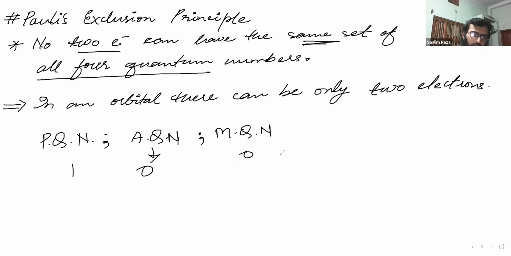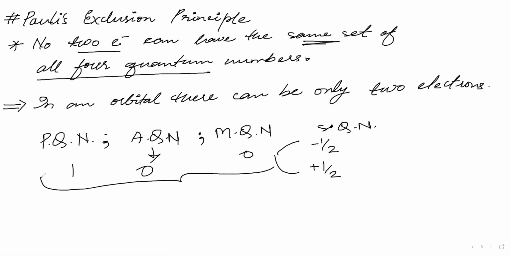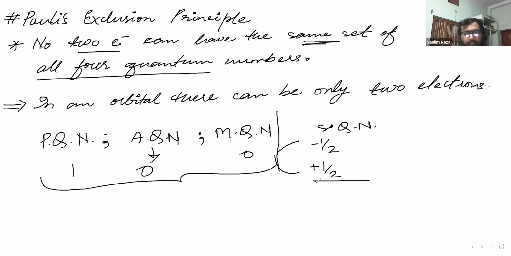But the two electrons must have two different spin quantum numbers, either minus half or plus half, right? Yes, sir. These three can be the same in an orbital, but the spin quantum number, the last quantum number, would always differ, right?